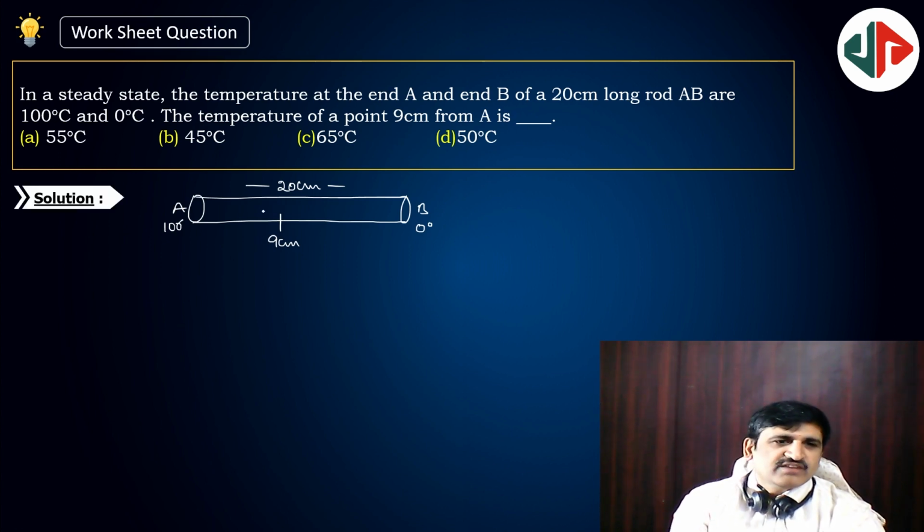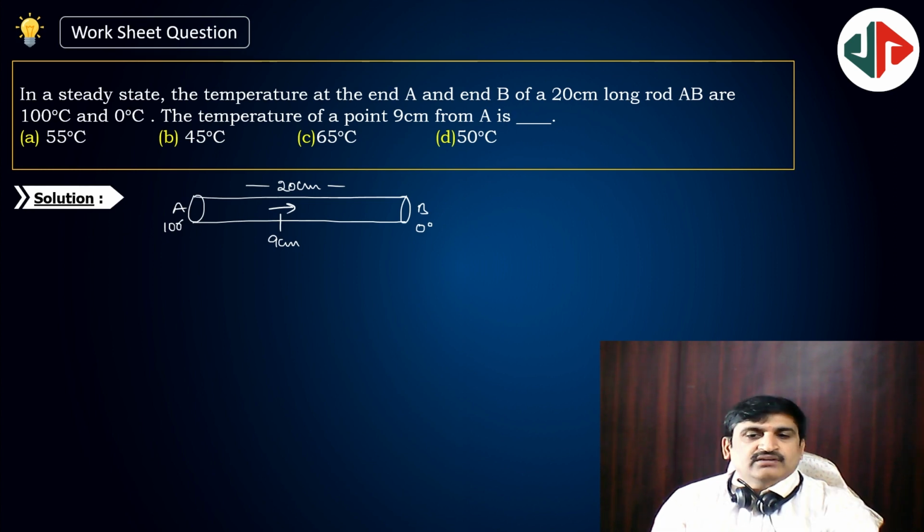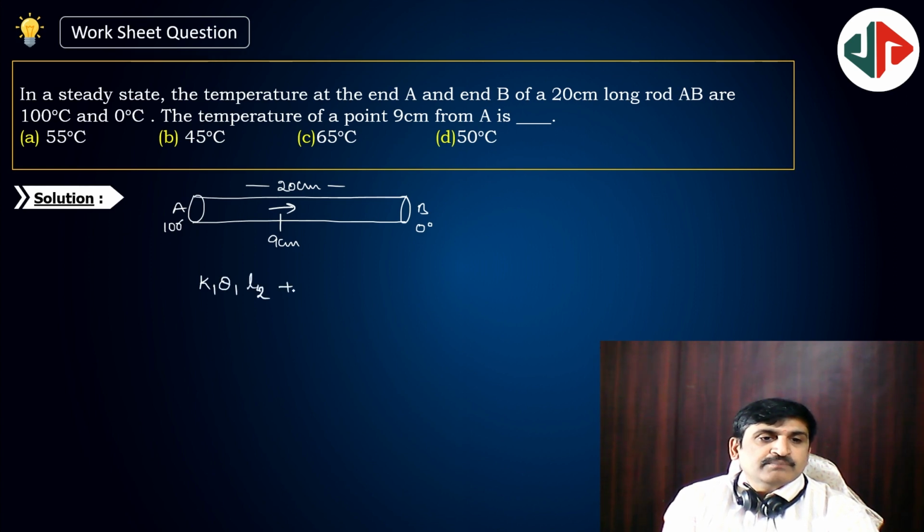Here the rate of flow is equal, but instead of taking it like that, we have a derived formula. Why should we waste time? The junction temperature is K1 theta 1 L2 plus K2 theta 2 L1 by K1 L2 plus K2 L1.